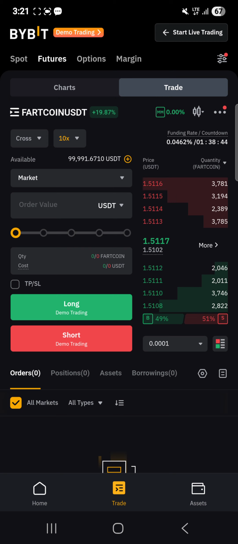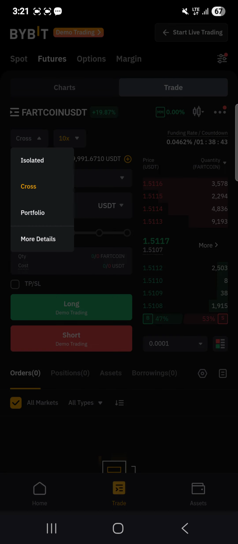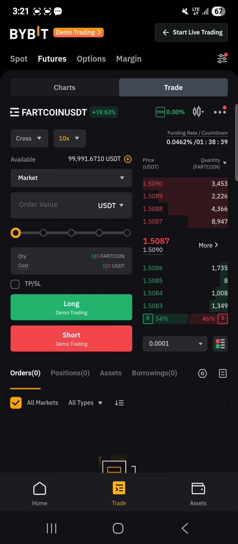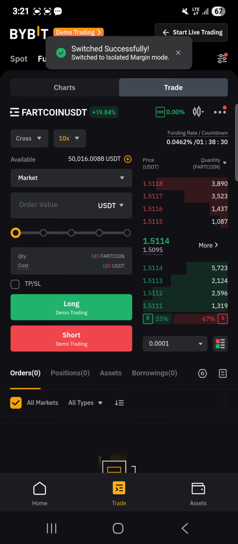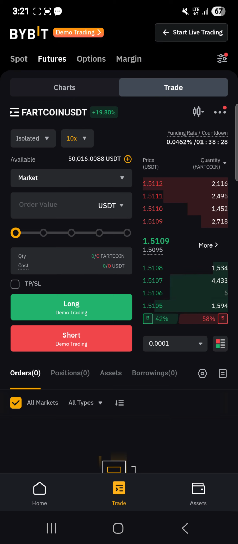So the first thing here, if you look closely, you would see cross, isolated, and portfolio. Now, these are called margins. Let me explain, pay attention. The first thing you need to know is that isolated here means that if I enter a particular trade with, let's say, $100, and for some reason I get liquidated, meaning the trade goes against my prediction, then I lose only the $100 that I entered this trade with.